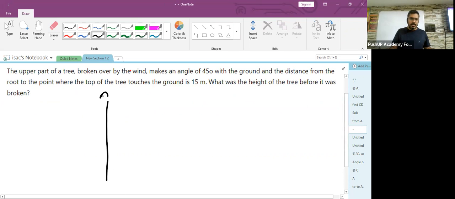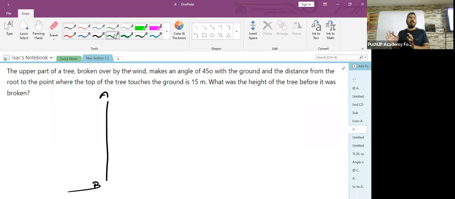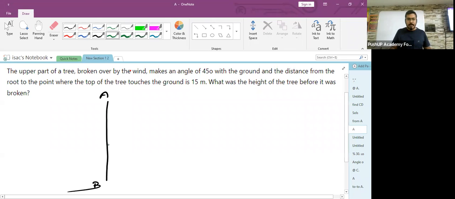There is a tree. I'm drawing the tree over here. Imagine AB is the tree. There was heavy wind and rain the other day, and from some point this tree broke.